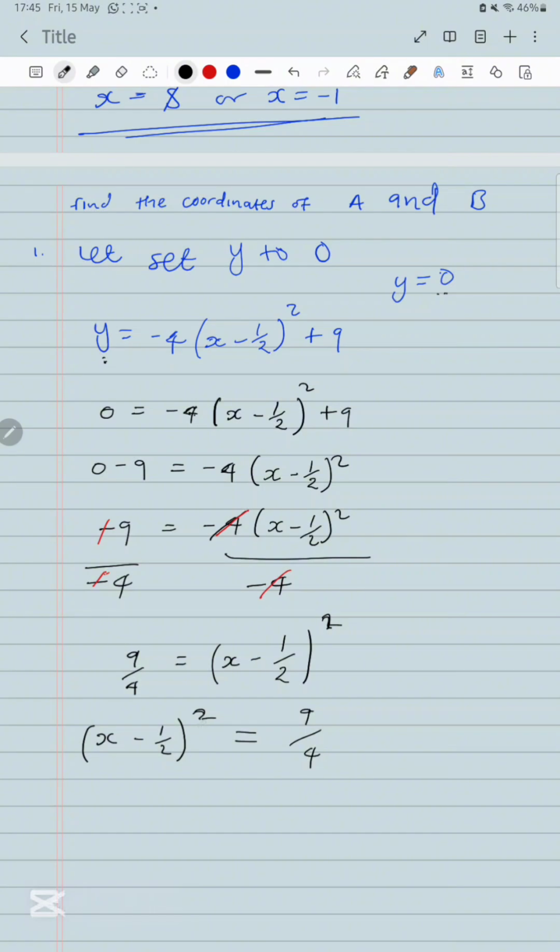From here we can get rid of this square by introducing a root on both sides, and we have a positive and a negative. So the root and the square go. We remain with x minus 1 over 2 is equal to the root of positive and negative 9 over 4.